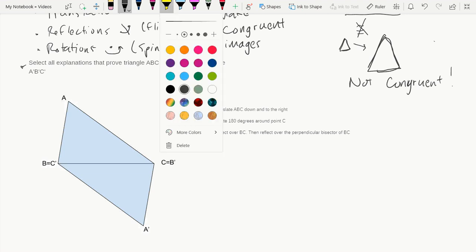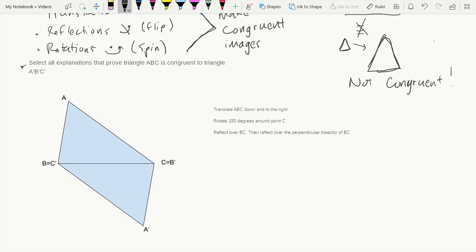So I need A to map onto A prime, so that's going to have to end up all the way down there, either flipping it or spinning it. B needs to go over to B prime, and C needs to go over to C prime. So I need to make one triangle land perfectly on top of the other triangle to show that they're congruent.